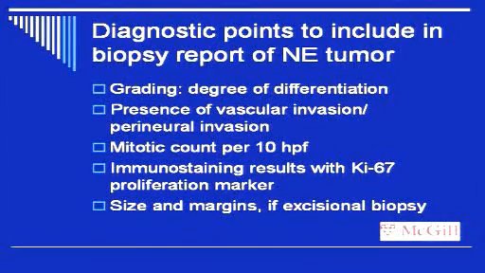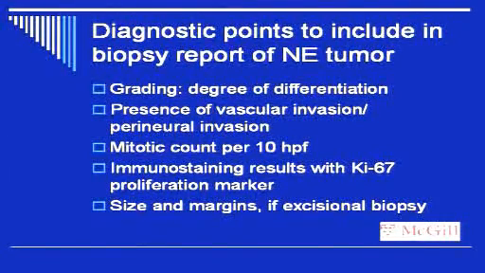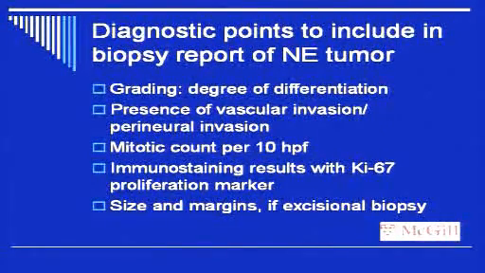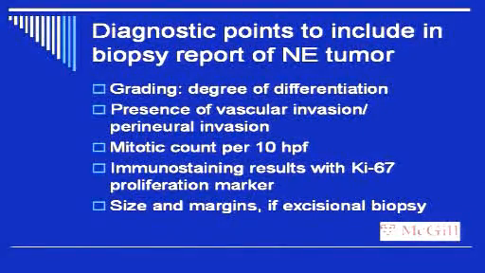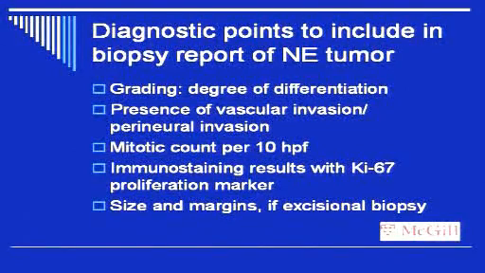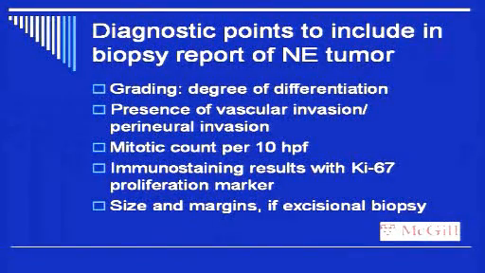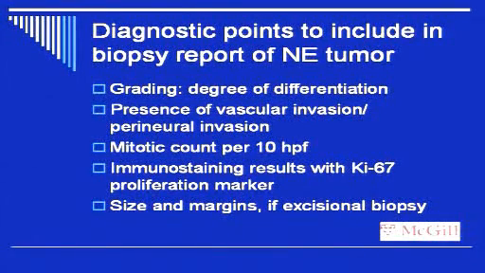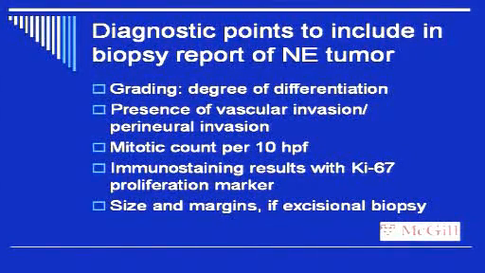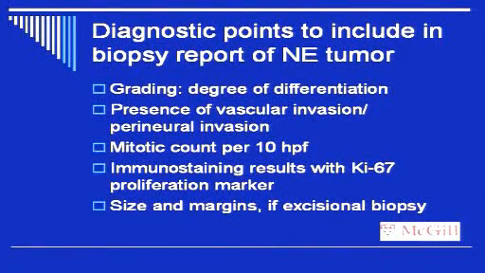And the prognostic significance is that if it's less than 2 per 10 high-power fields, it's a pretty well-differentiated tumor, and the more poorly differentiated tumors have pretty high mitotic counts, often more than 10 in 10 high-power fields. And then there are tumors that fall in between, 2 to 10 mitotic figures in 10 high-power fields, which behave in a slightly aggressive fashion, but not as high-grade malignant as the poorly differentiated tumors.